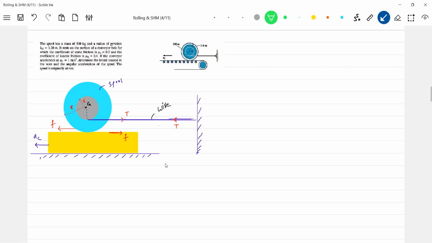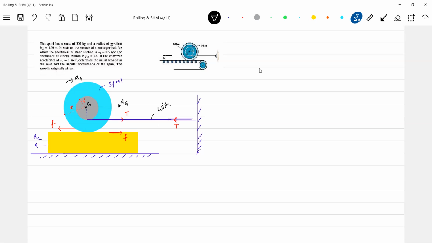Let me check it. Left. Left or right? Okay, I assumed it. Let me give towards right. If you want, you can oppose me also.